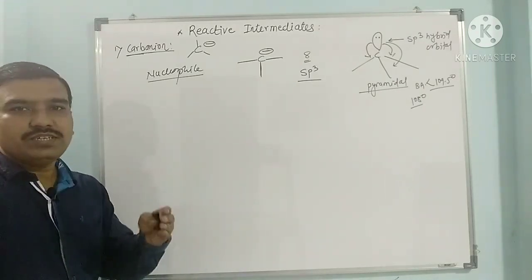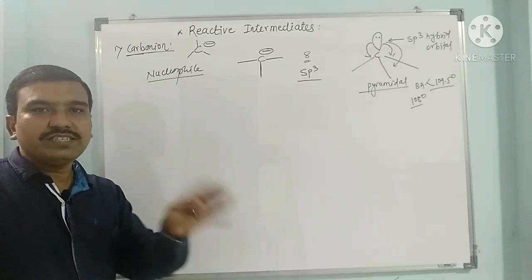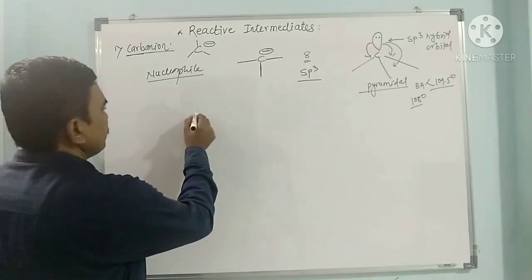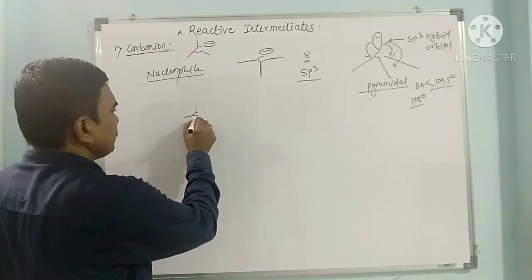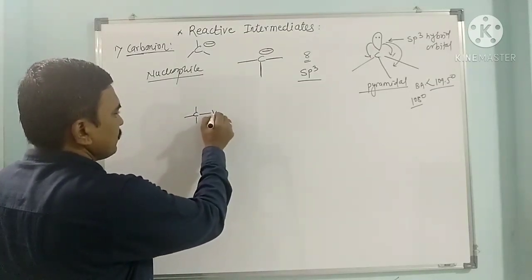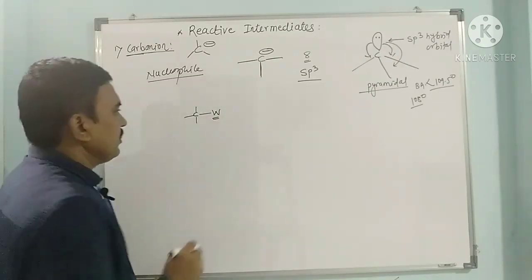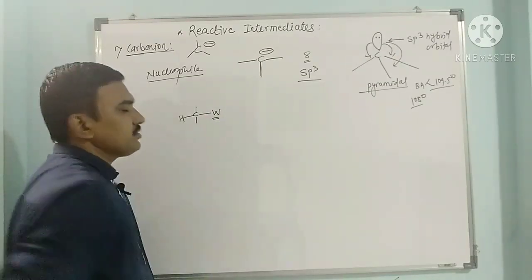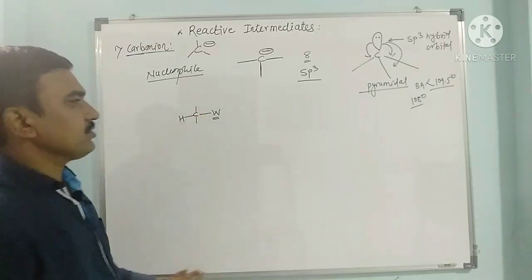Simply, it is formed from the loss of an acidic hydrogen. When we have compounds with electron withdrawing groups, the hydrogen is attached to a carbon which has electron withdrawing groups.